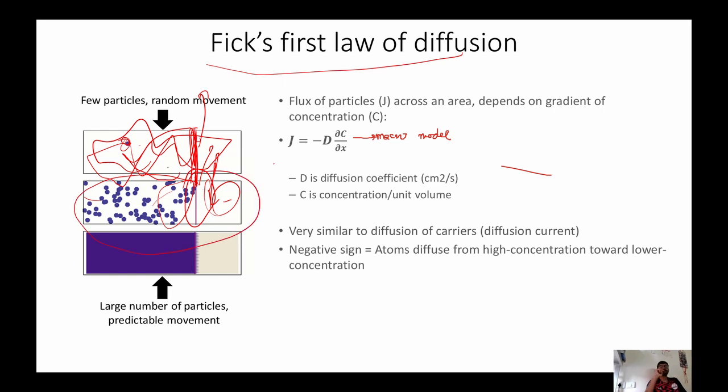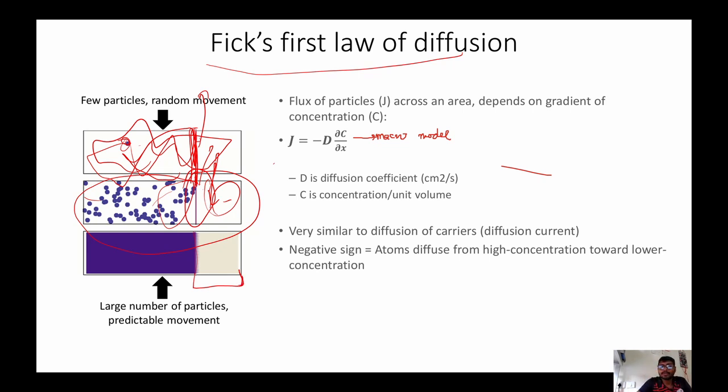So if we take a very, very large number of particles, we can predict the movement of these particles, the concentration of these particles in this box with time. That we will see.